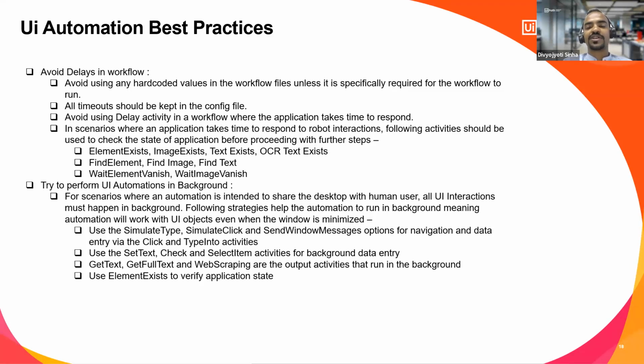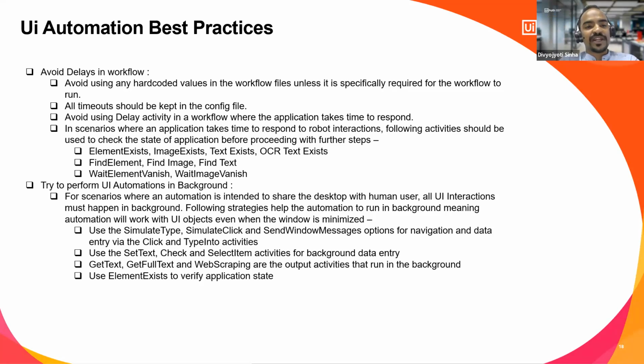Rather than that, if you just use a variable that reads these constants from the timeout settings in the config file, you can just change the setting inside the configuration file and have that delay implemented, right?